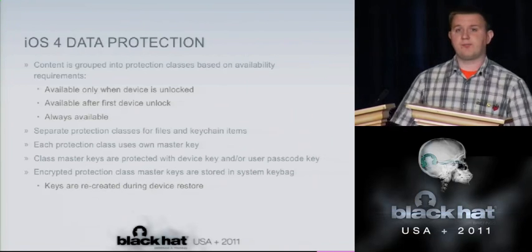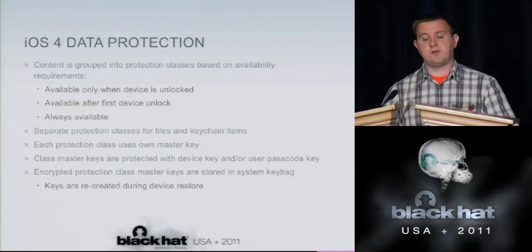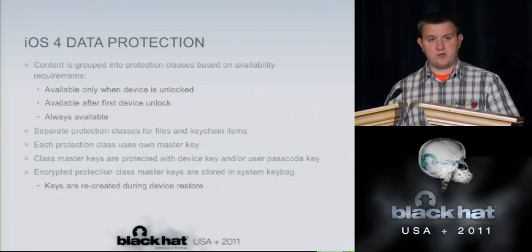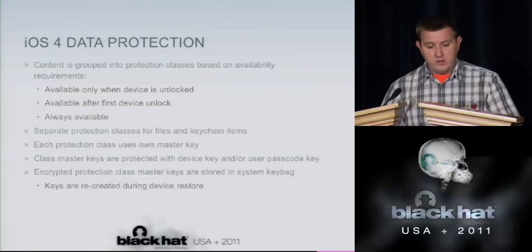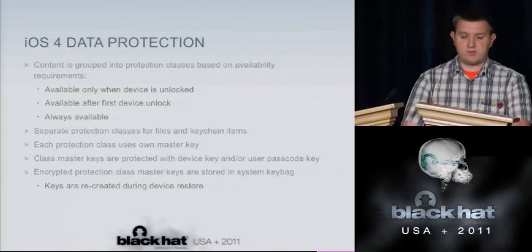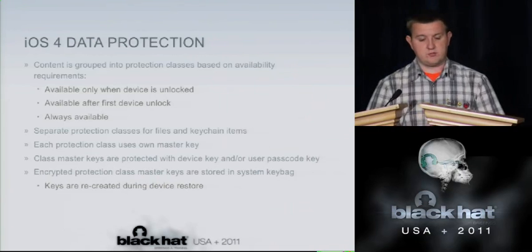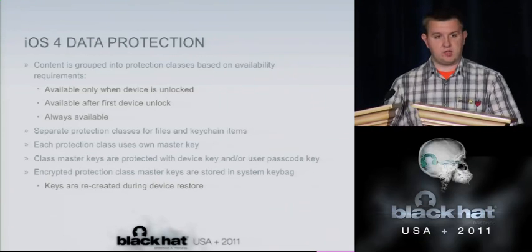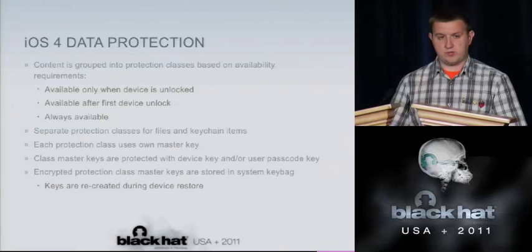iOS 4 introduces the concept of so-called key bags. A key bag is a collection of encryption keys. It also introduces the concept of content protection classes. iOS defines several content protection classes which correspond to three accessibility domains, which are also defined for all the data stored on the device.